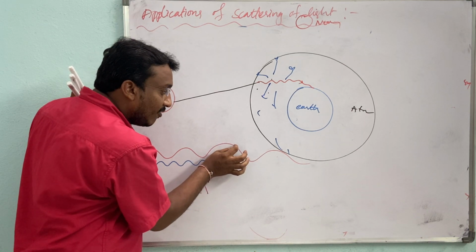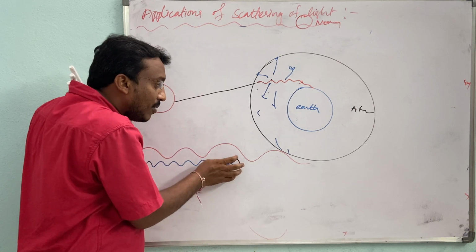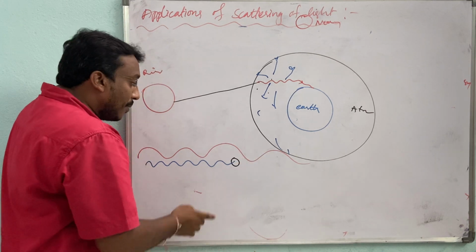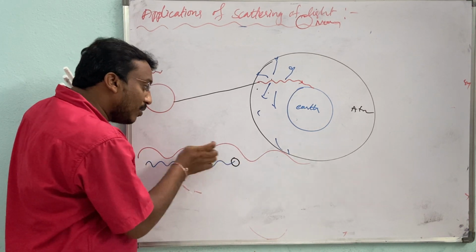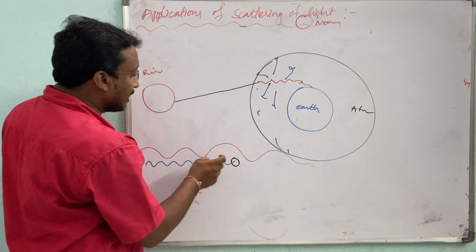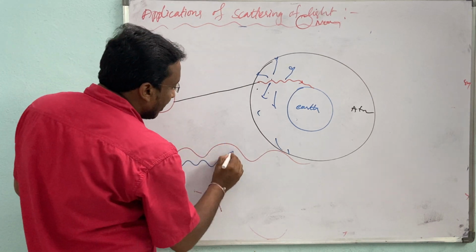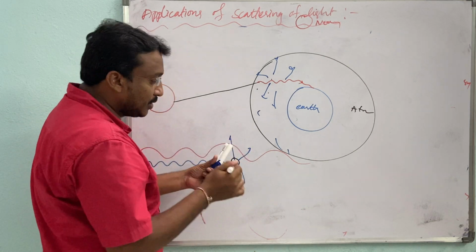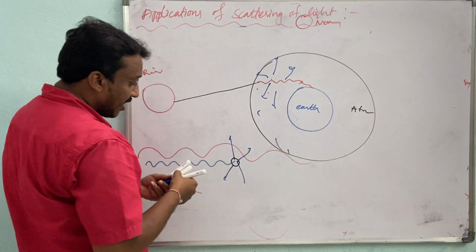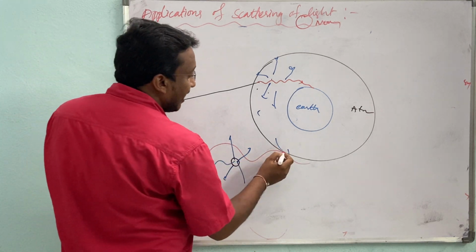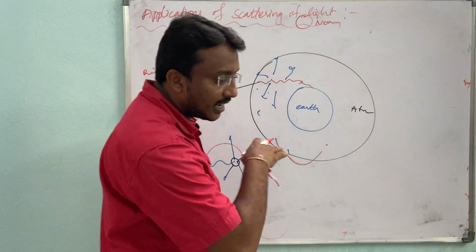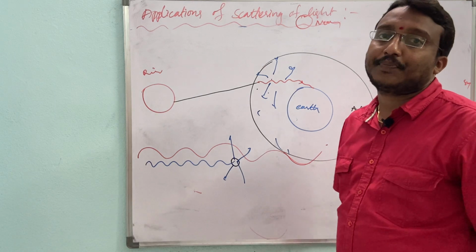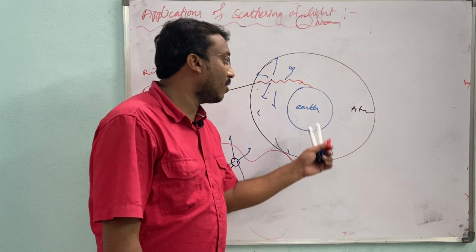When the wavelength is greater than the size of the molecules, scattering will not take place, so it moves on. But the blue color's wavelength is comparable to it, so scattering takes place and it is re-emitted. The blue color is scattered before reaching our earth, and only the red color reaches here. So that's why at sunrise and sunset the sky appears reddish in color. Okay, this is the reason.